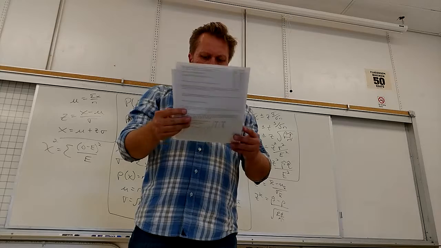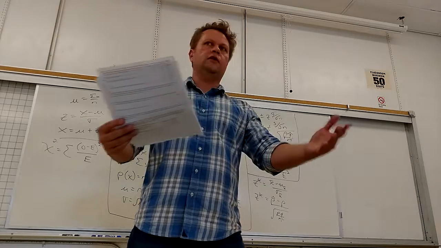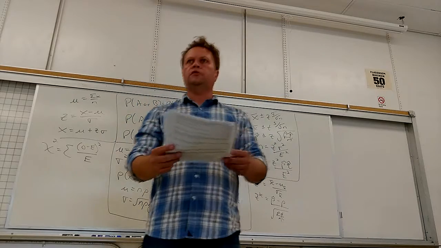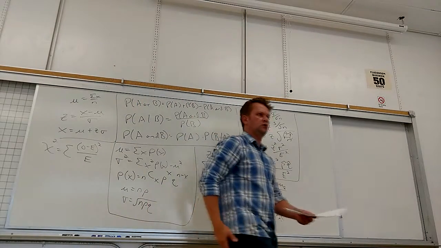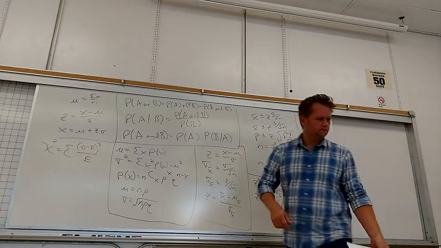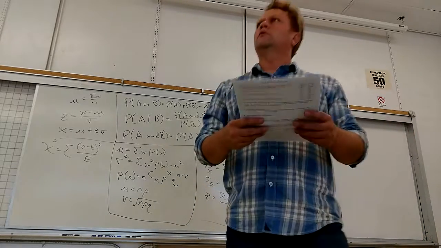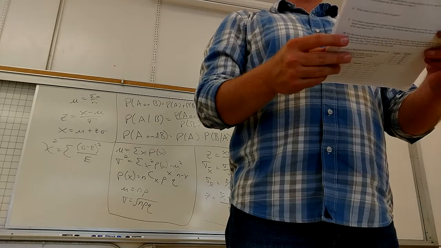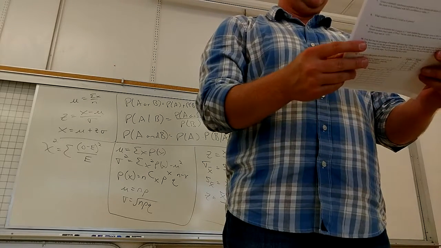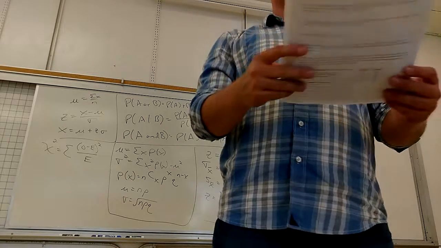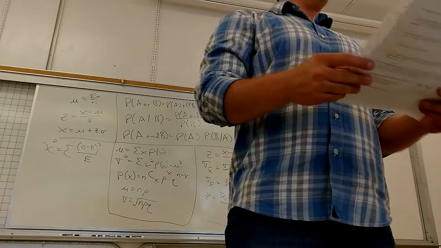Let's see, number 4. Hopefully that looks familiar. What kind of problem is number 4? What kind of distribution is it? I know it's from May 2009, but I've just been too lazy to make an updated practice file.